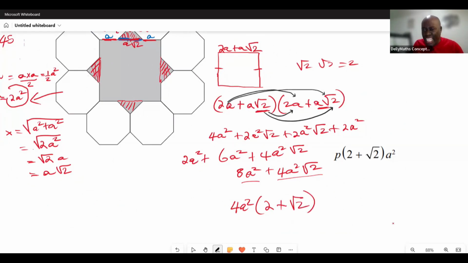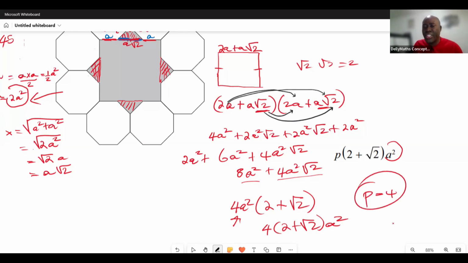But definitely, I need to have A squared at the back. So I'm going to have the 4 left at the front, 2 plus the square root of 2, and put the A squared at the back. Hence, we would have achieved the idea where P is actually 4 as an integer as suggested in the question. So there we go. The area of the shaded region right here was proven.